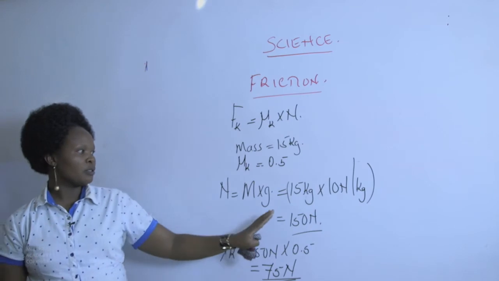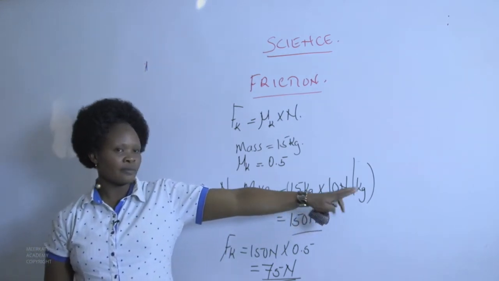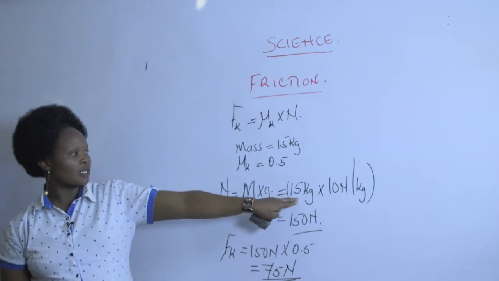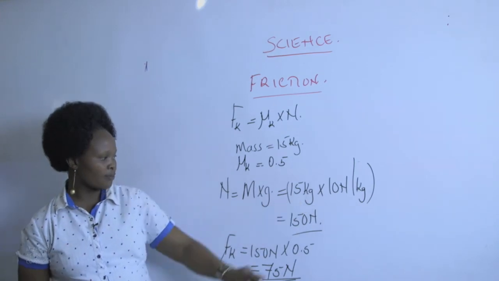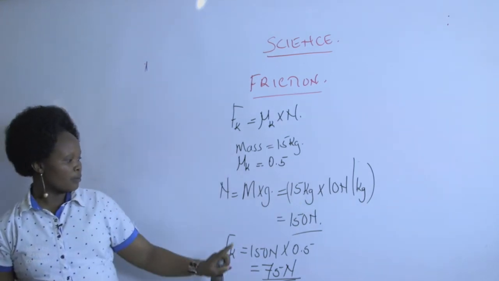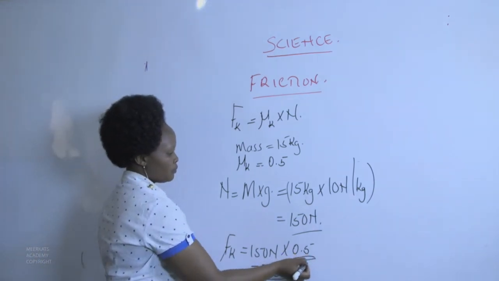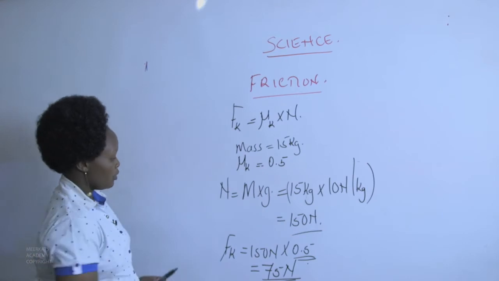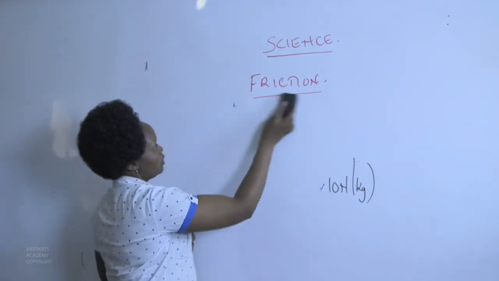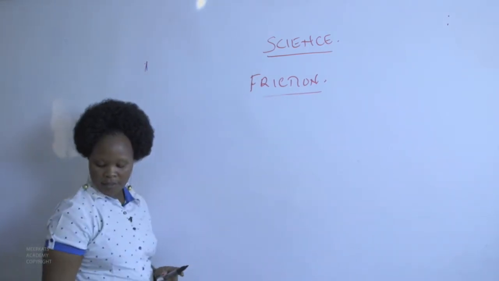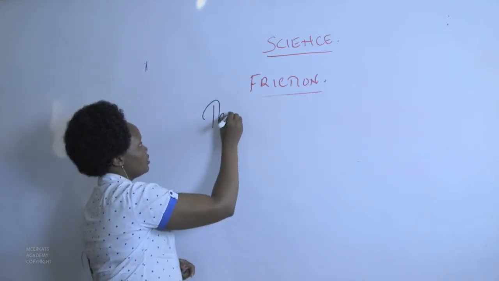Now, one interesting thing you are going to note about the coefficient is that it doesn't have units. Like for example, gravitational force is 10 newtons per kg. Mass is 10 or 15 or whatever value in kgs. Force, we are measuring it in newtons. How about the coefficient? The coefficient does not have units, and it is because it is a ratio.